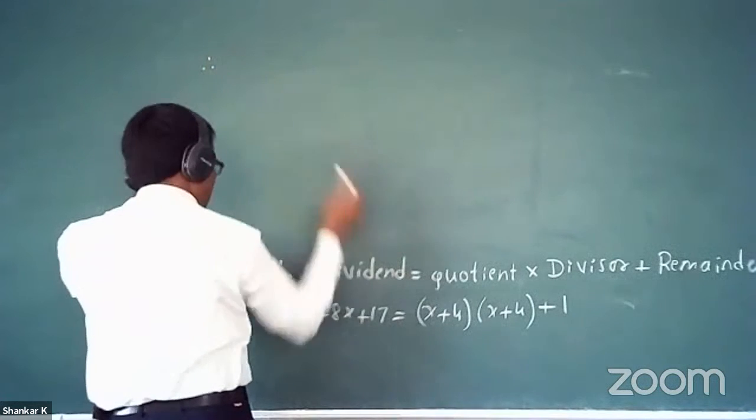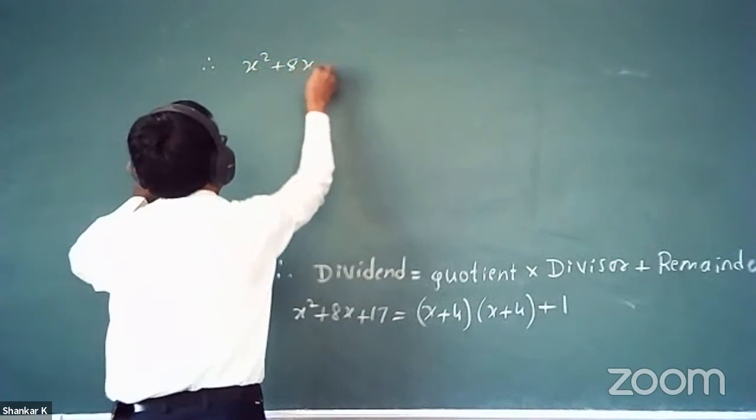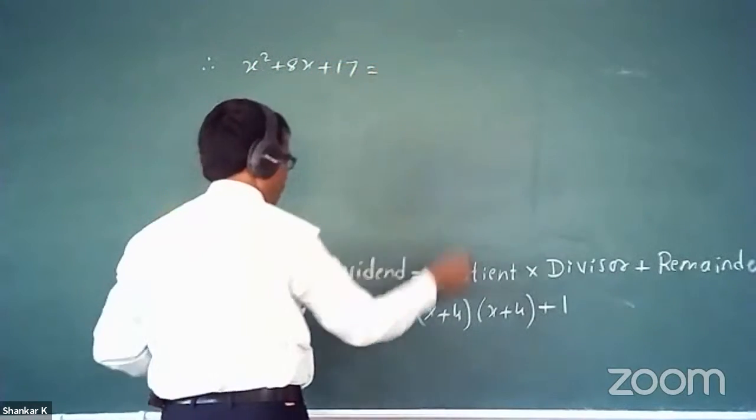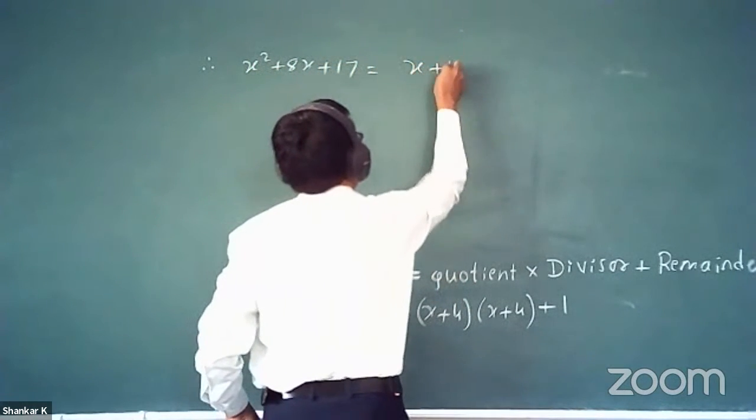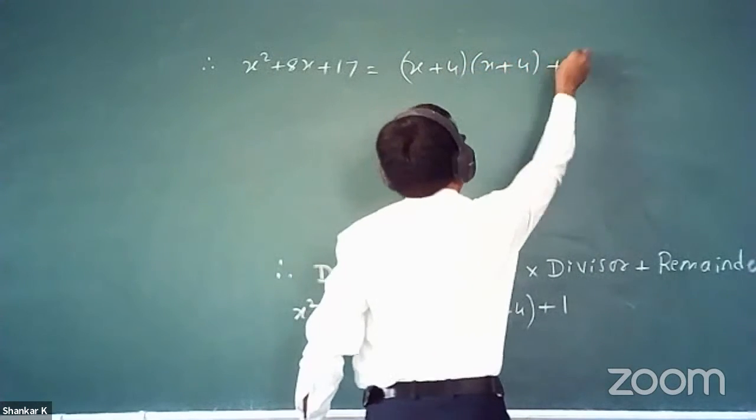Therefore, x square plus 8x plus 17 equals, remember, (x plus 4) into (x plus 4) plus 1.